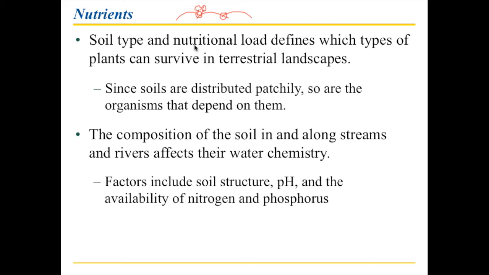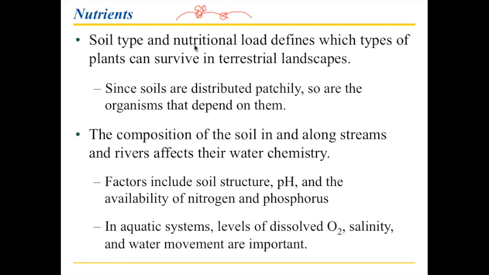So when you're looking at the composition of nutrients, you would look at soil structure along the river. You would look at the pH in the river. You would look at the general availability of such important nutrients like nitrogen and phosphorus, and then you can perhaps figure out who can live there and who doesn't. In addition, you might have levels of dissolved oxygen.